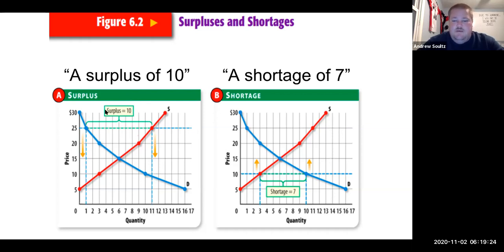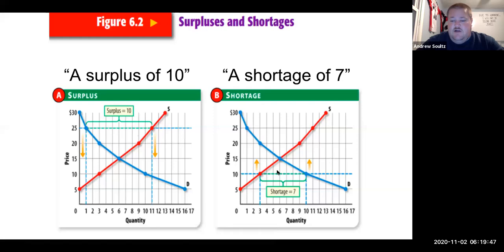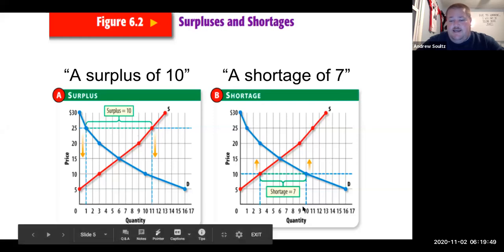Now, a different question might be, what is the surplus or shortage when the price is $10? We're looking at graph B over here. When the price is $10, we find the quantity supplied, which is 3. Then we find the quantity demanded, which is 10.